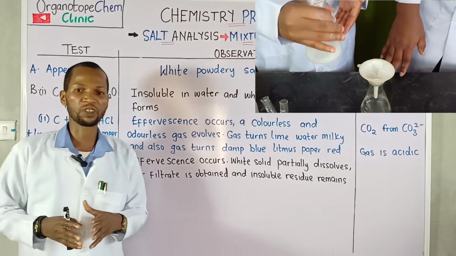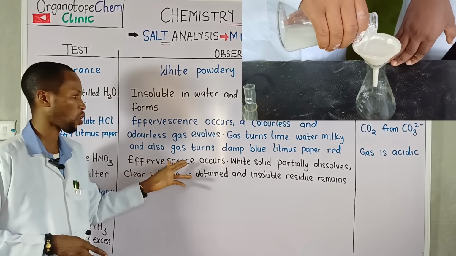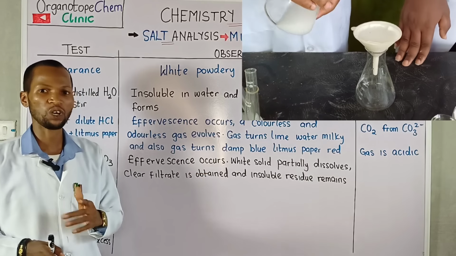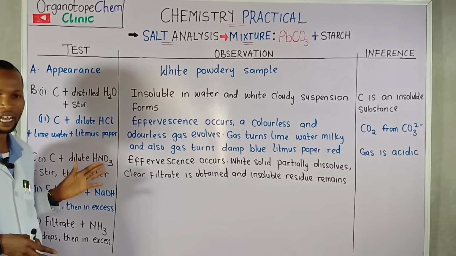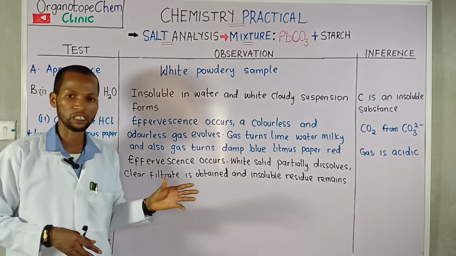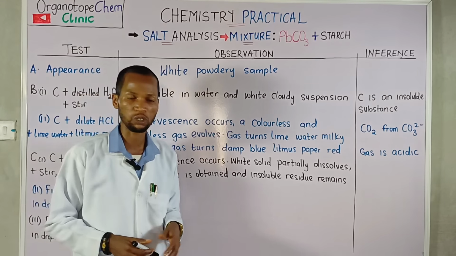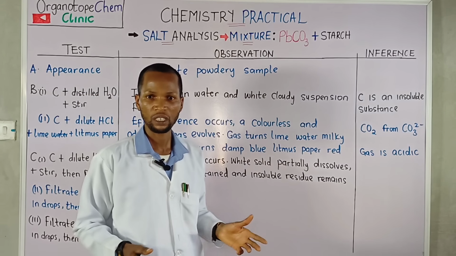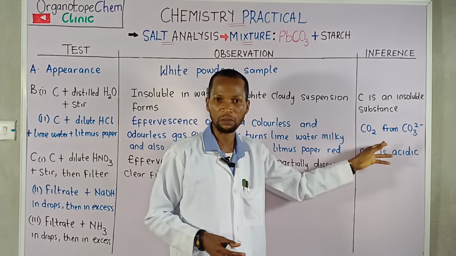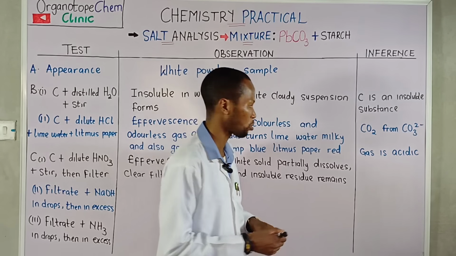It can be observed from this test that effervescence occurs, which is as a result of the liberation of CO2. When nitric acid reacts with our sample, it results in the liberation of CO2. Since the gas has been tested here, we know it is CO2.